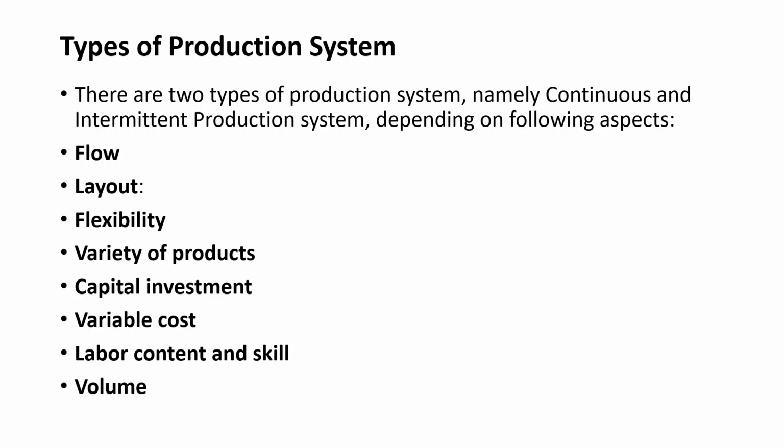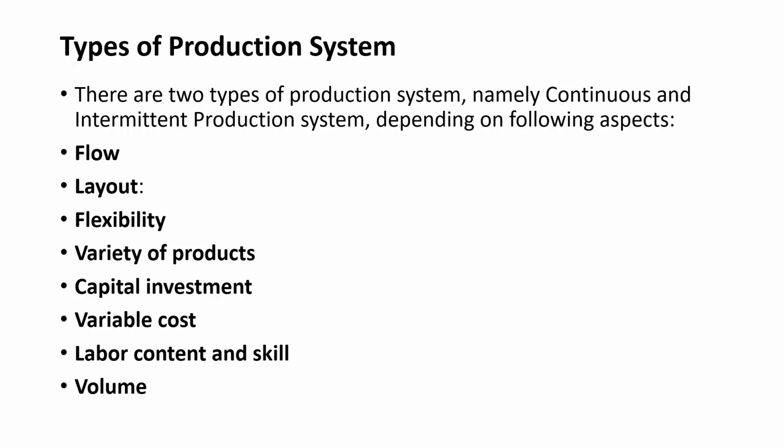Fifth is capital investment. Capital investment may range from using lower cost general purpose equipment, as in case of process layout, to expensive specialized equipment, as in case of product layout. Variable cost ranges from a high unit cost to a low unit cost.